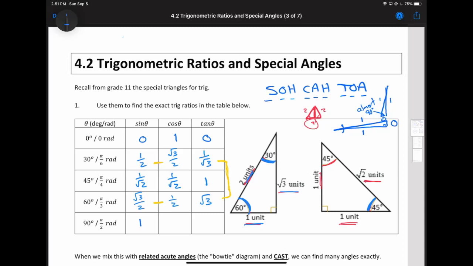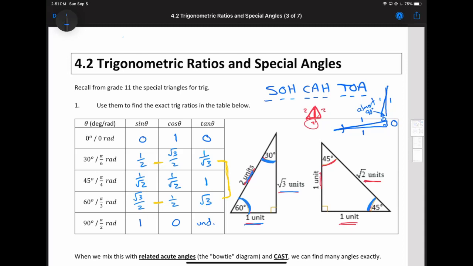Adjacent over hypotenuse is 0 over 1. And opposite over adjacent is 1 over 0, and that's undefined. Okay, so that's all of our special angles between 0 and 90 degrees: 0, 30, 45, 60, and 90. That covers all of them.